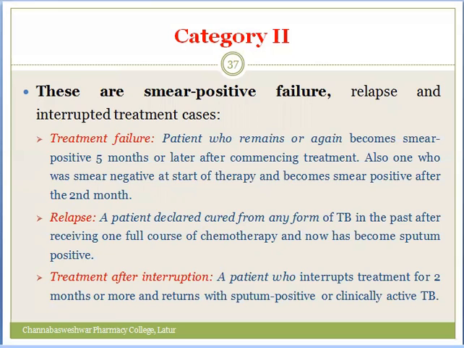Then relapse: a patient declared cured of any kind of TB in the past after receiving one full course of chemotherapy, but who now becomes sputum positive, meaning recurrence of TB occurs. Such a patient also comes under category 2. Third is treatment after interruption: a patient who interrupts treatment for 2 months or more and returns with sputum positive or clinically active tuberculosis. Such patients come under category 2.